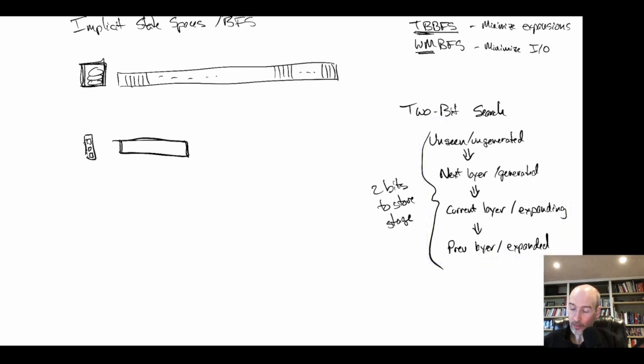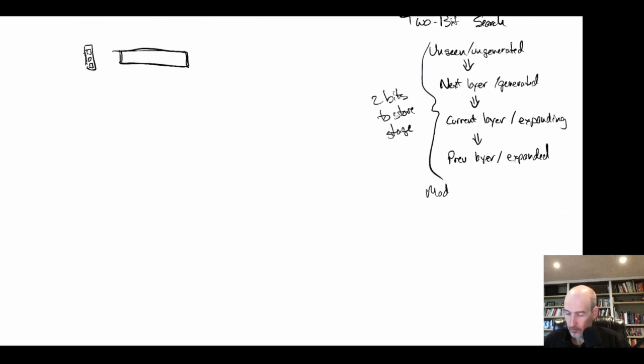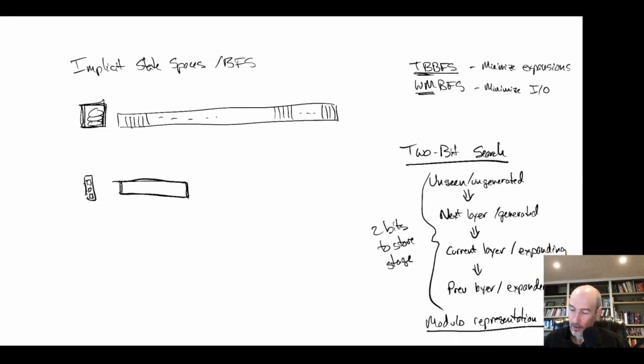Now, another thing that we could do is use a modular representation. A modular representation can do the same thing, and it is what is being used by the write-minimizing breadth first search.